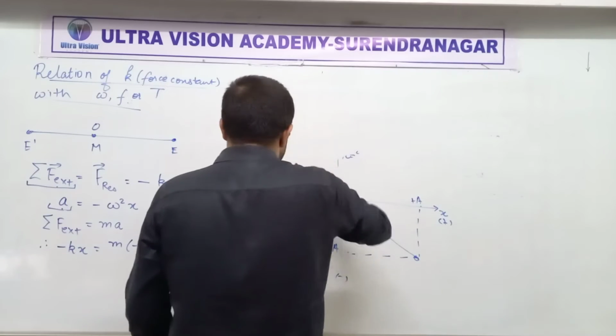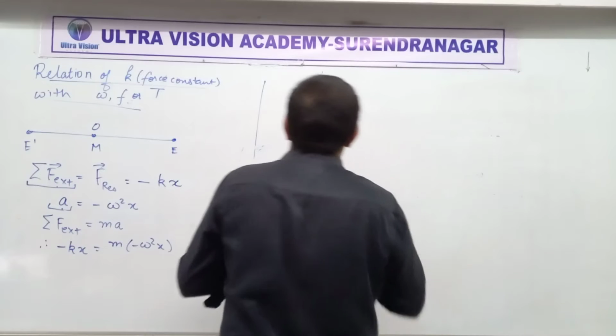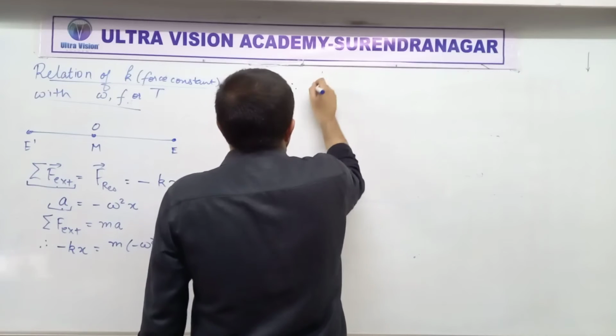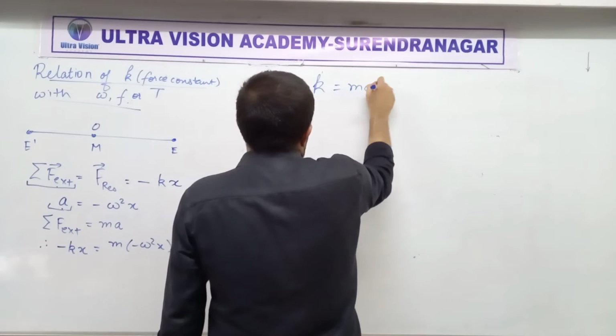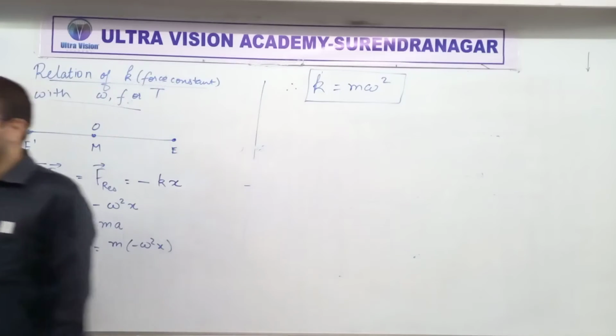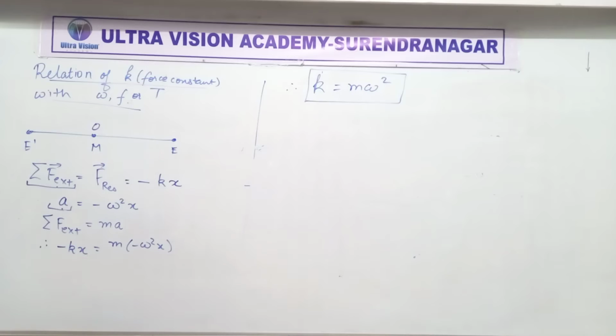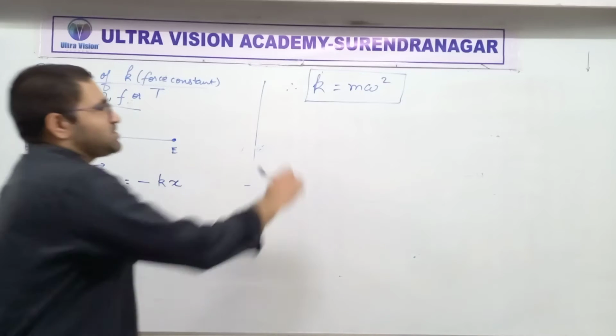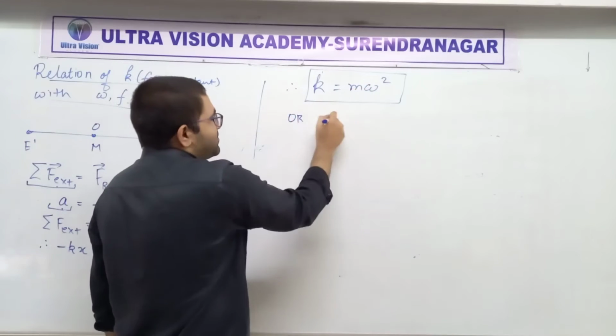Such an easy derivation. So what do we get? Therefore, k is equal to m omega square. Understood? This, of course, you can write in a few different forms.